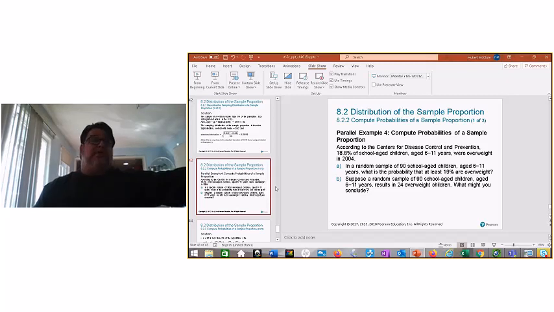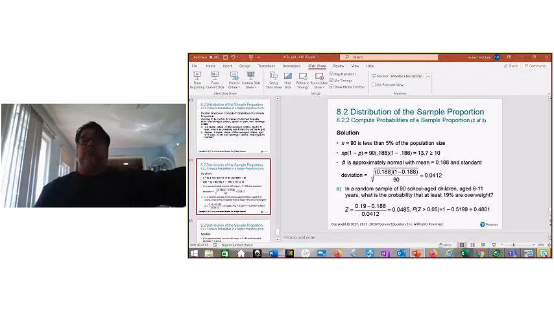So they may, let's see what they do there. No, 90, okay. It's not 20%, it's 18. So it is 13. I got 9 because I was doing 20% instead of 18. And there you go.